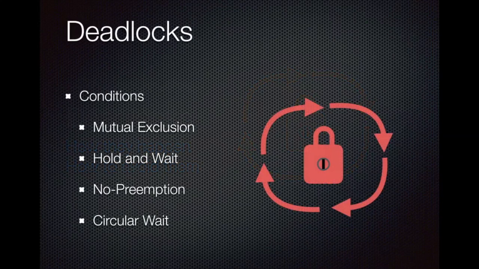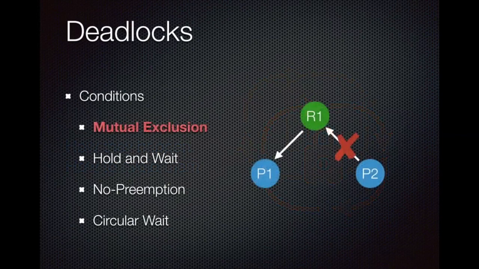The first condition listed there is mutual exclusion. As the diagram shows, we have two processes and one resource. Process one currently owns resource one. Process two is requesting it, but it cannot take ownership because there is mutual exclusion. Resources can be held by only one process at a time.